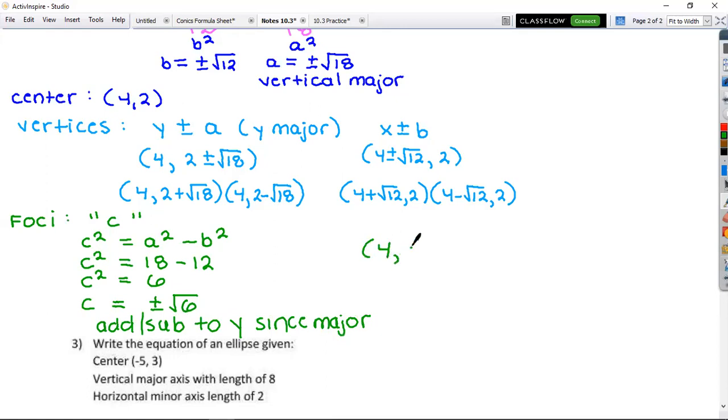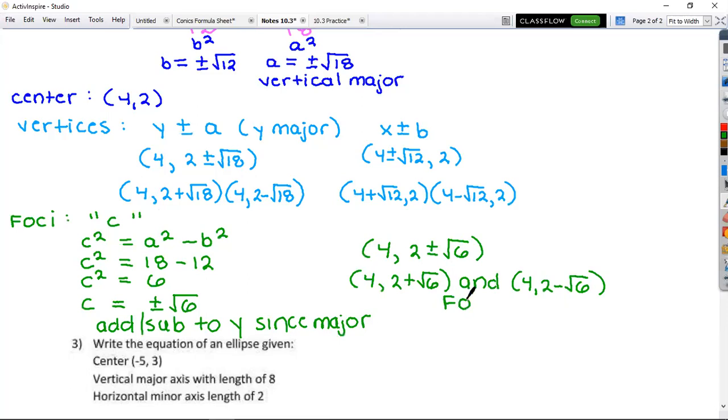And then I'm going to do 2 plus and minus the square root of 6, which can get broken off into foci 1 would be 4, 2 plus square root of 6. And then my second one would be 4, and then 2 minus the square root of 6. All right, and these are your last two answers.